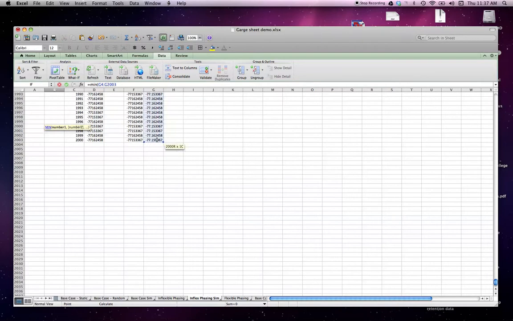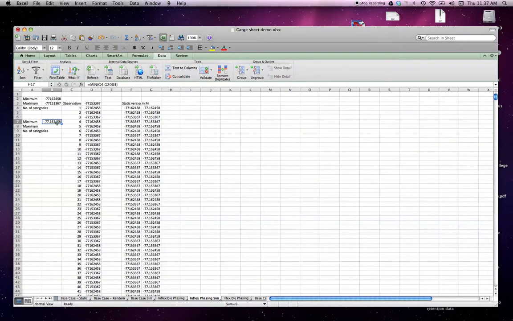Minimum. Come on. And then I'll just take this and plug it down here and put max. So it does the min and max, and let's do 50 observations.